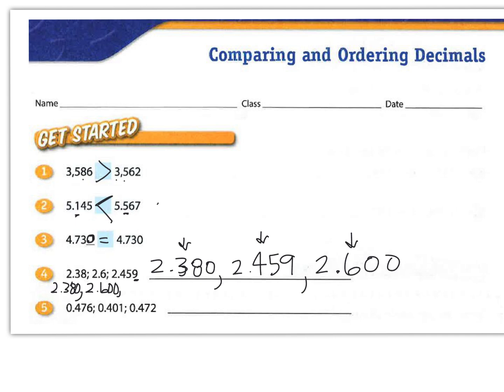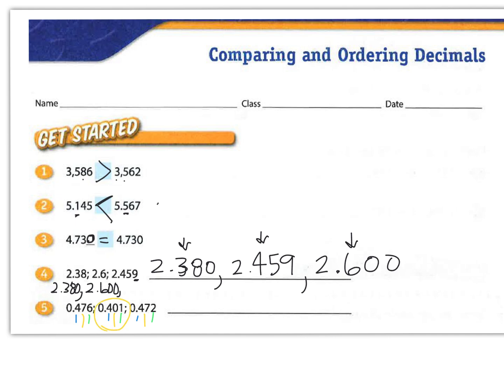This one, all three numbers are already all in the thousandths place, which is nice. They all have 4 tenths, but not all the same hundredths place. So the yellow is different. So let's look at that yellow. So 476 thousandths, 401 thousandths, 472.